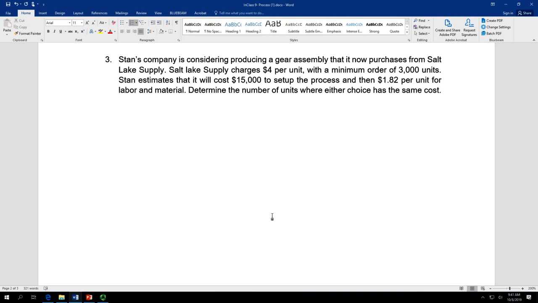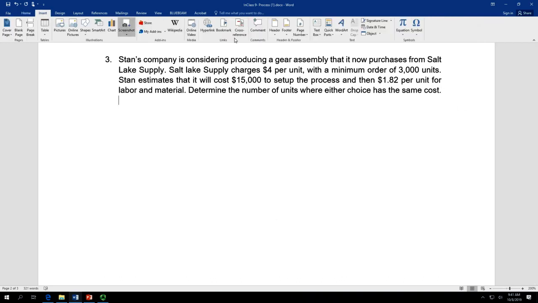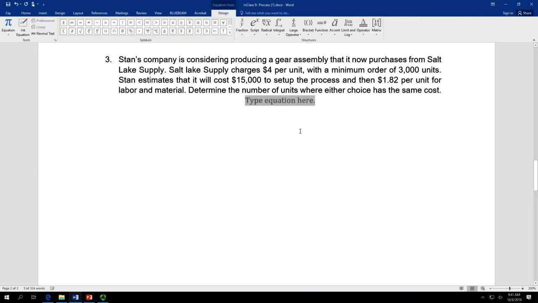In this case, he has two choices. One is to produce on its own, and producing on its own has a total cost that includes two portions. The total cost equation equals fixed cost plus quantity level times the variable cost.